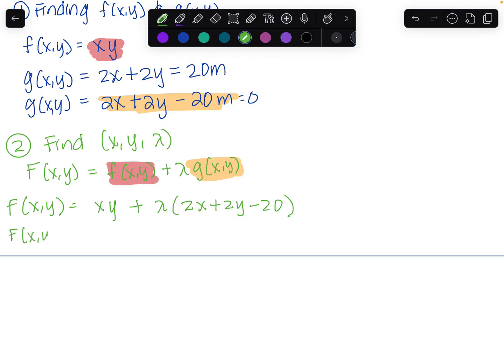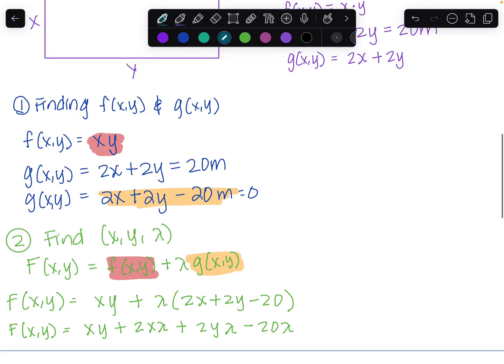Then we're going to simplify it, which would be xy plus 2x lambda plus 2y lambda minus 20 lambda.